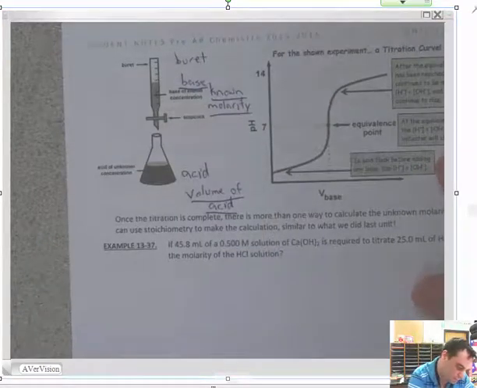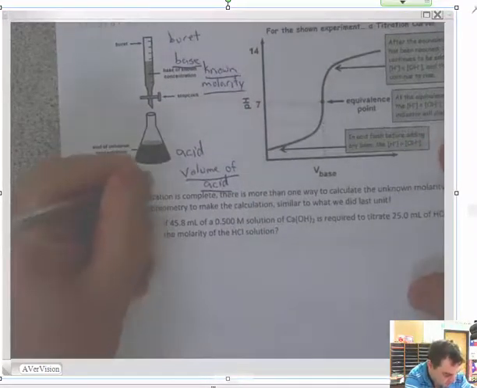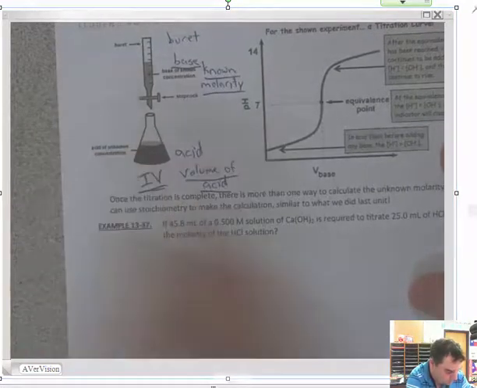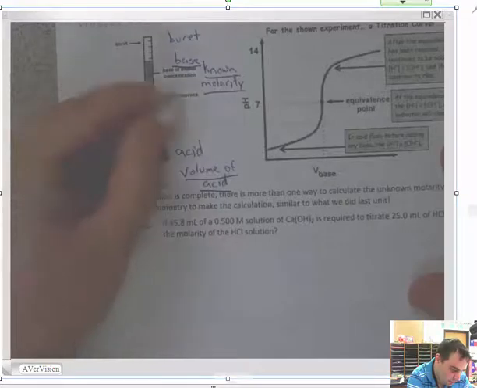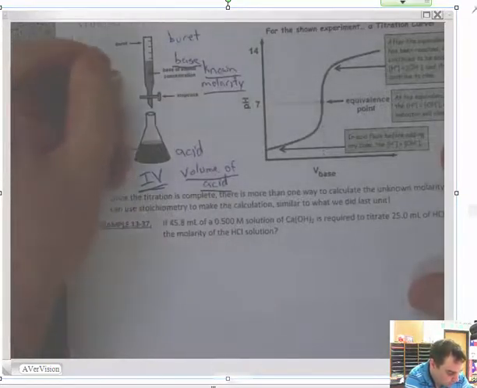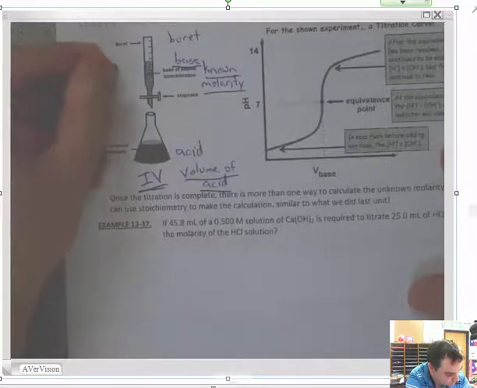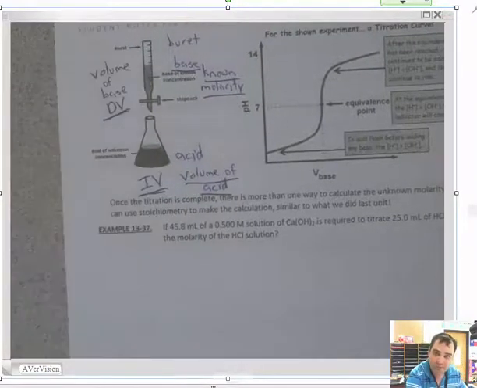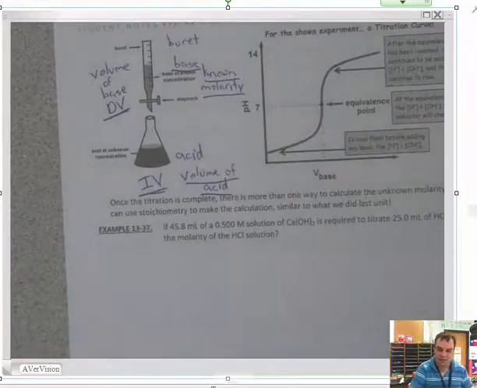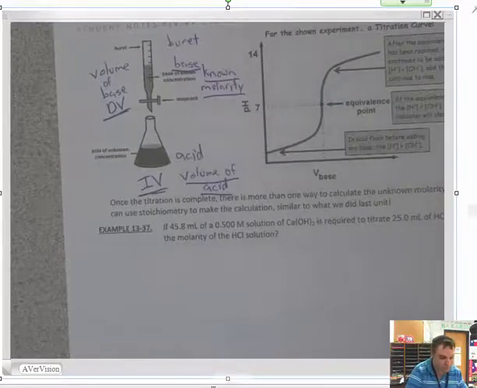You initially measure that. That should be our independent variable usually. Then you use your burette and you get a volume of the base. That is usually the dependent variable. Okay? And then you do everybody's favorite thing to do, stoichiometry, and you figure out the concentration.